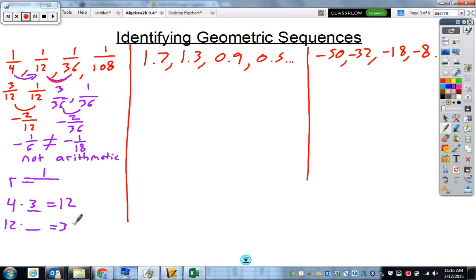Well, it should be the same number. It is 3. And then 36 times 3 should give me 108, and it does. So that means my common ratio is just r equals 1/3, which means this one is geometric.